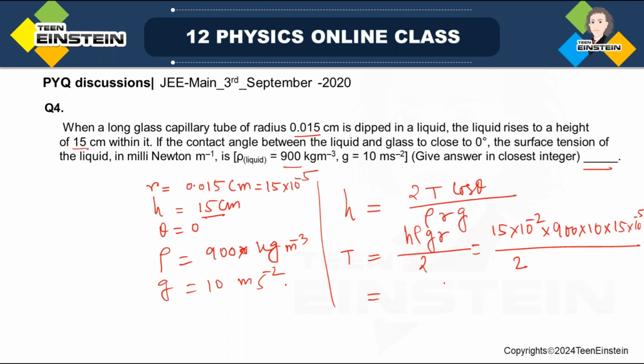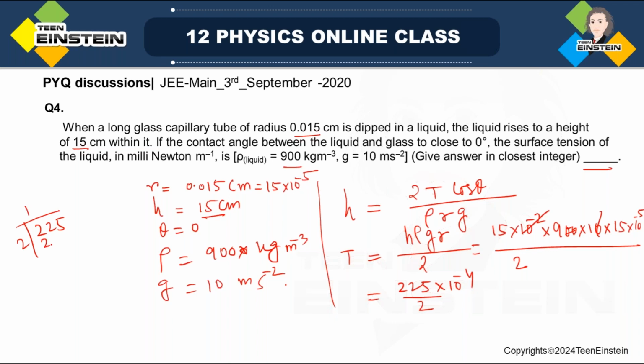Down it is 2. Look here, these two cancel, and there will be 10 also I can cancel. This is then 2 to 5 into 10 to the power minus 4 by 2. This I can divide with 2.